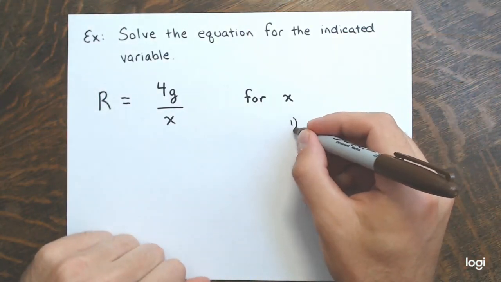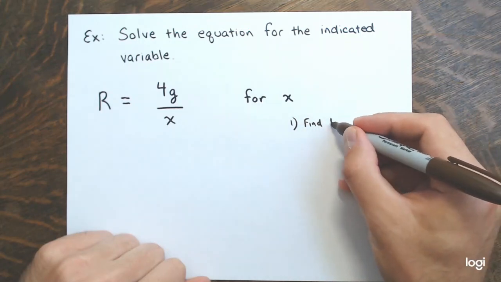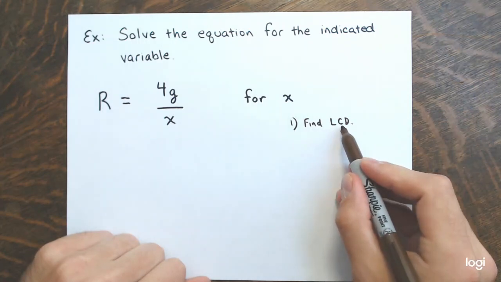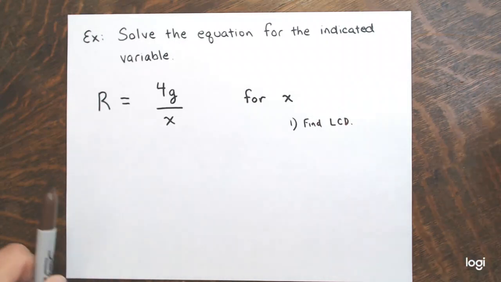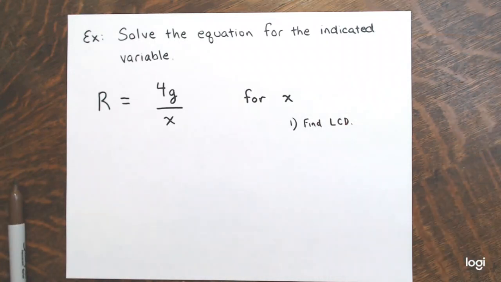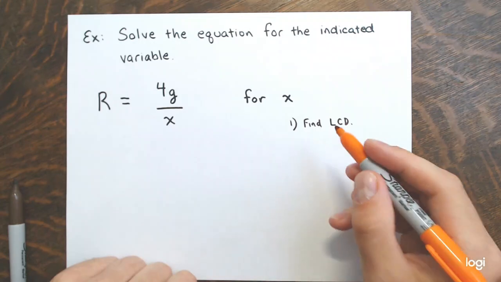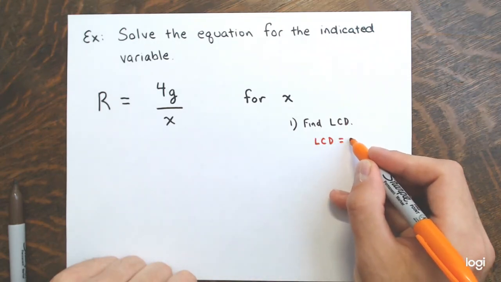First, I'm going to find the LCD, which is the least common denominator or the least common multiple of the denominators. I hope it's obvious here, because the only denominator with a factor other than 1 is this denominator of x. So the least common denominator is x.